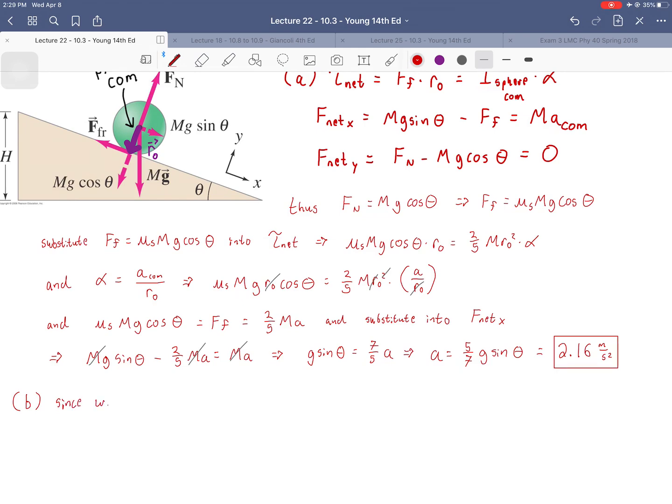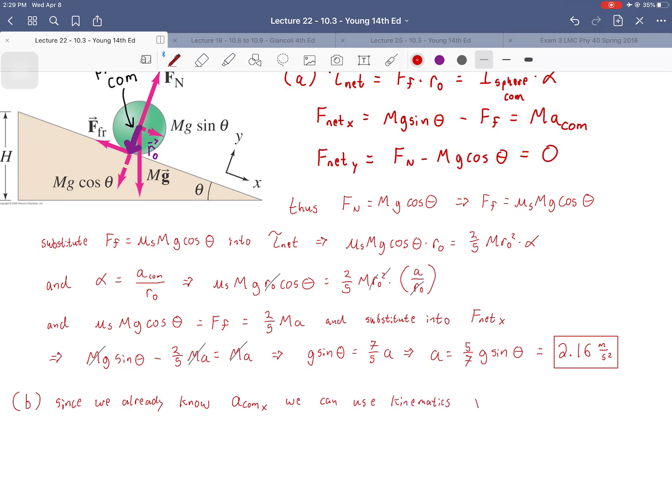Since we already know a_com, and that's in the x direction. It's the only translational acceleration. There is no translational acceleration in the y direction.